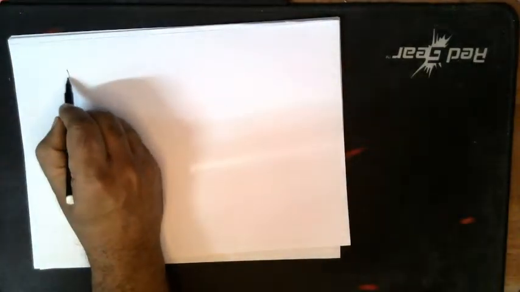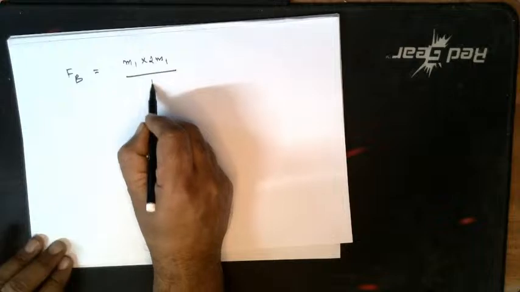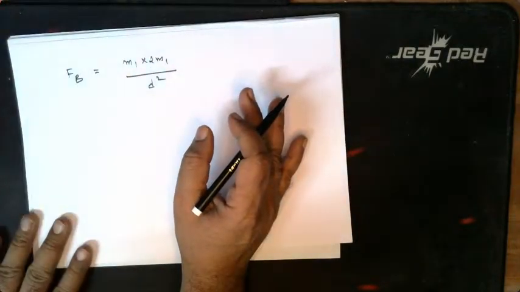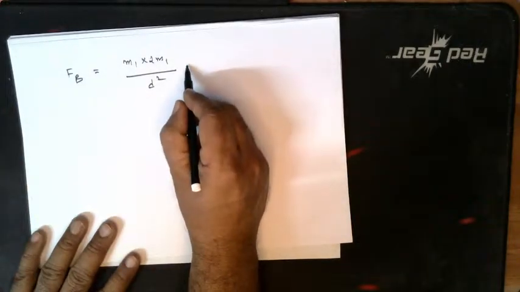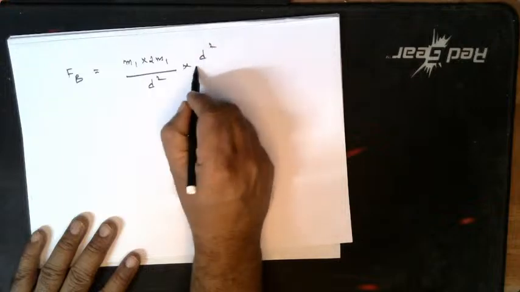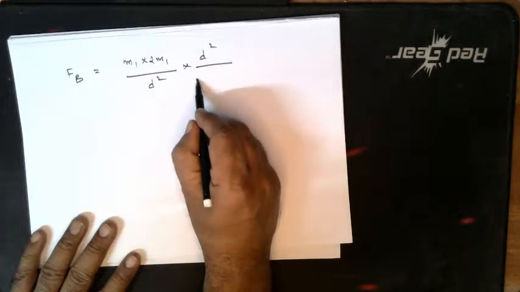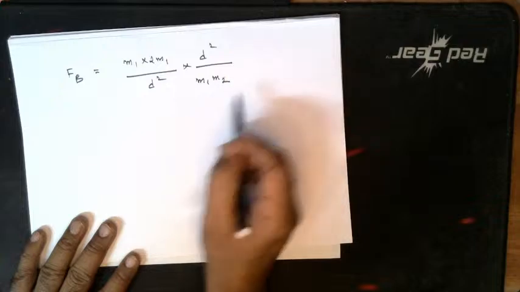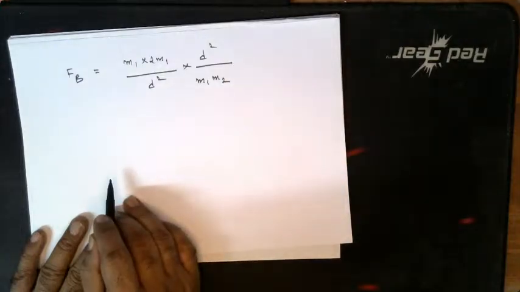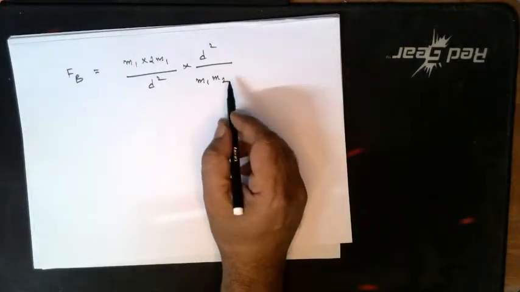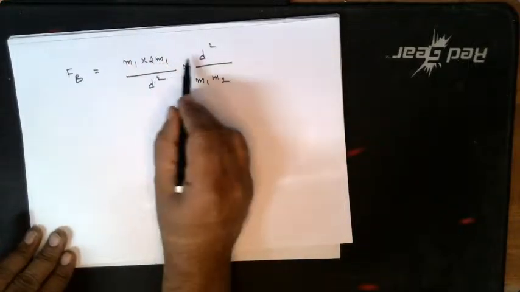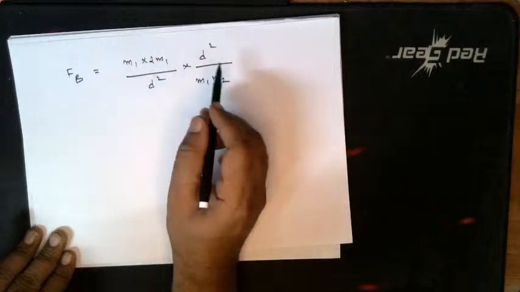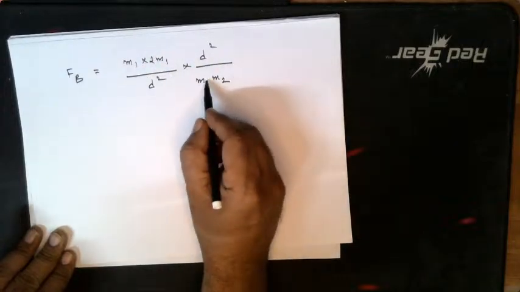In both the cases the distance is the same, so we can keep it as D only, and D square cancels. Originally M1 M2, and now the M1 has no change.